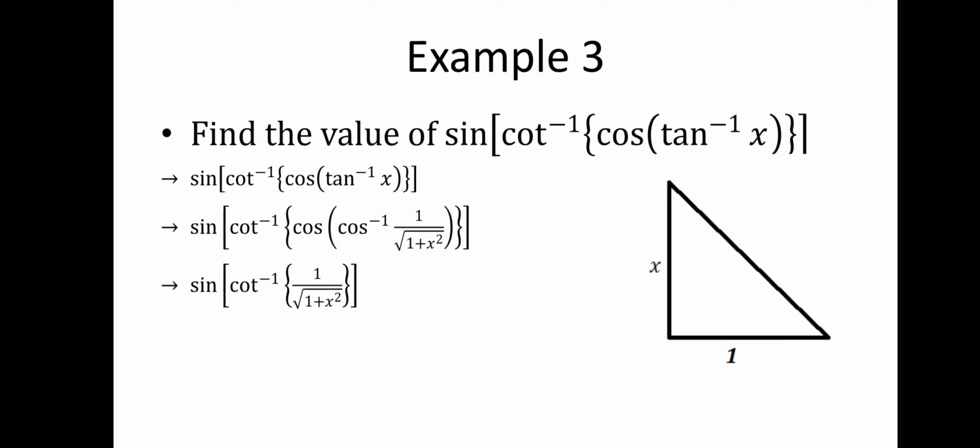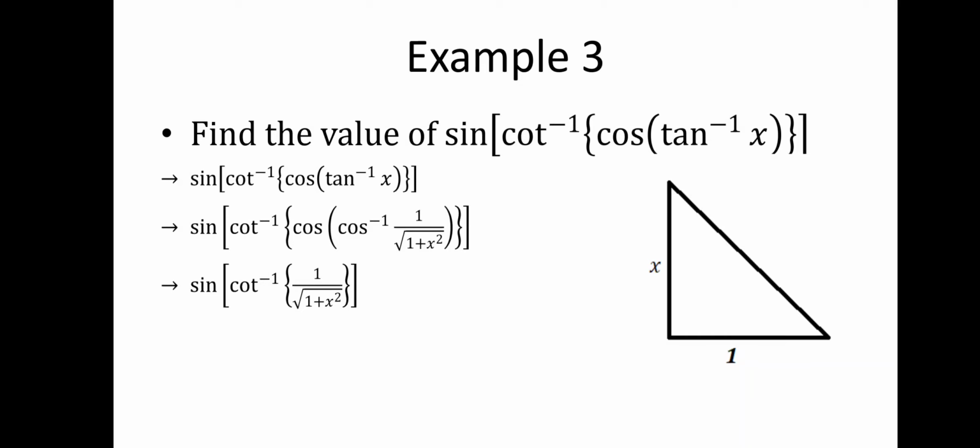Now comes the part where we need to understand this. Now again I have cot inverse something. When I have cot inverse something, again remember what is cot? Cot means base by perpendicular. So cot inverse something can be considered as base by perpendicular.